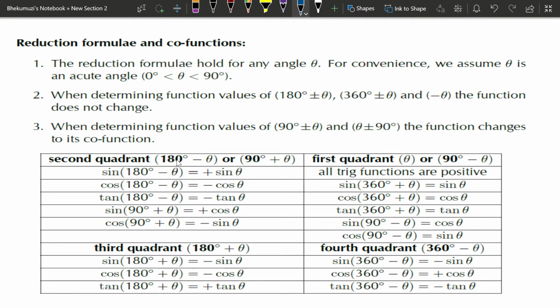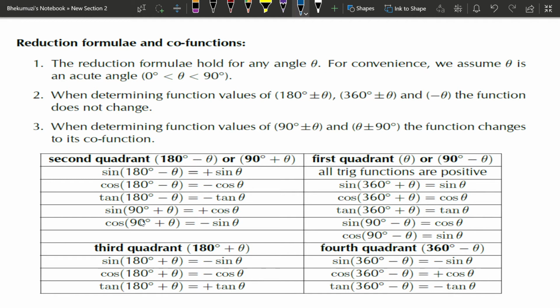But if we put that theta into cos and say cos of 180 minus theta, that gives us a negative cos theta for certain. And so it is for tan as well.